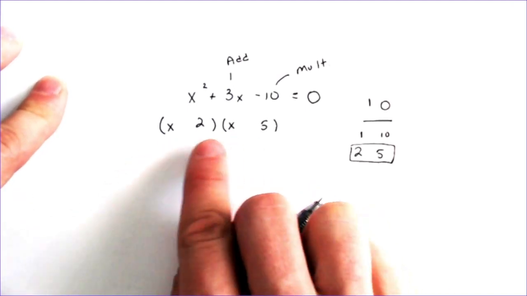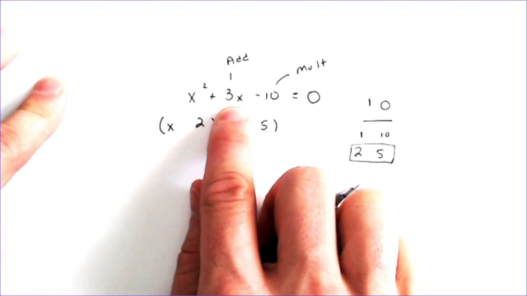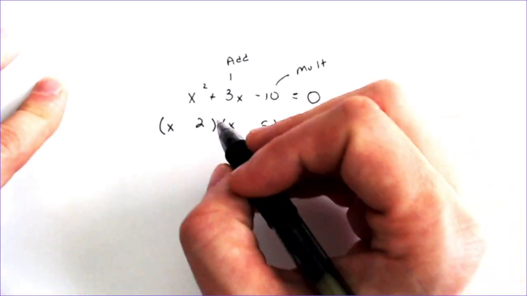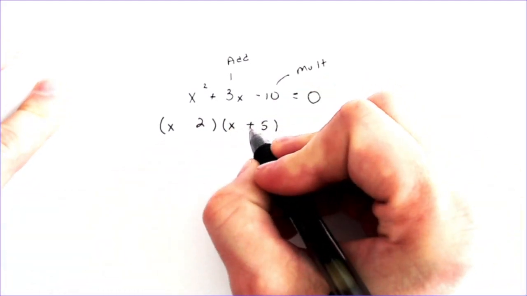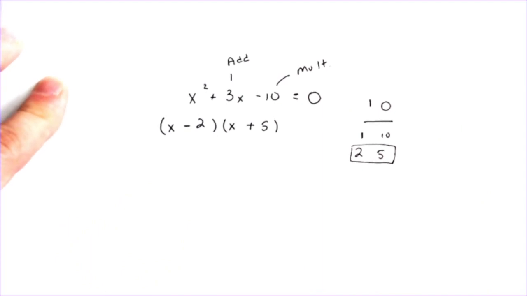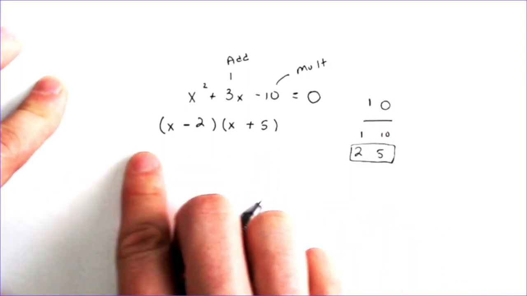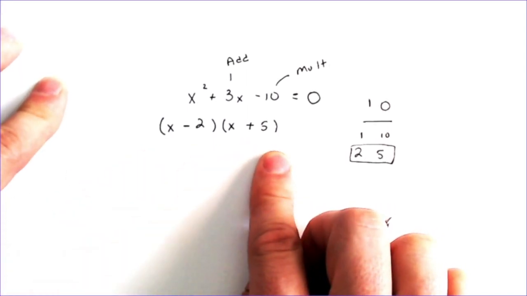Are they going to be positive or negative? Well, if I have to add to positive 3, that means I'm going to have a positive 5 minus 2 to equal regular 3. And equivalently, this is factored. If you were just factoring, that would be your answer.